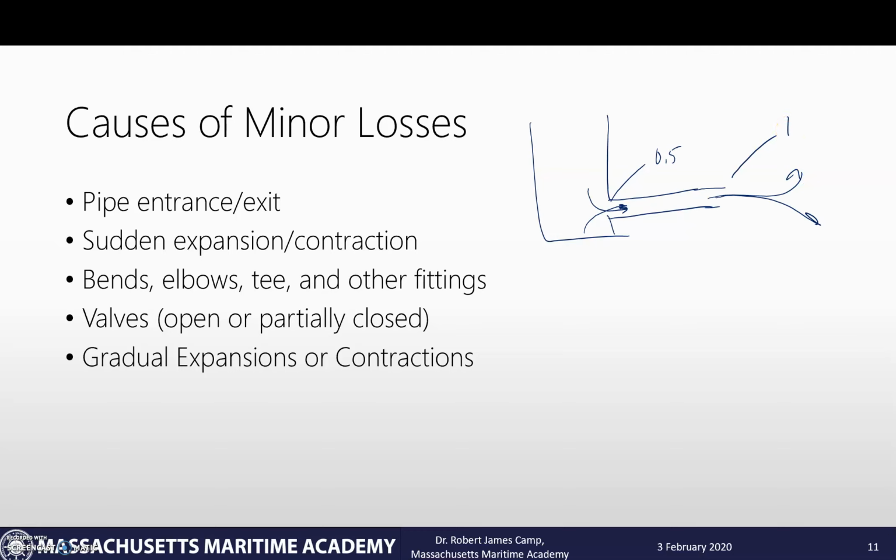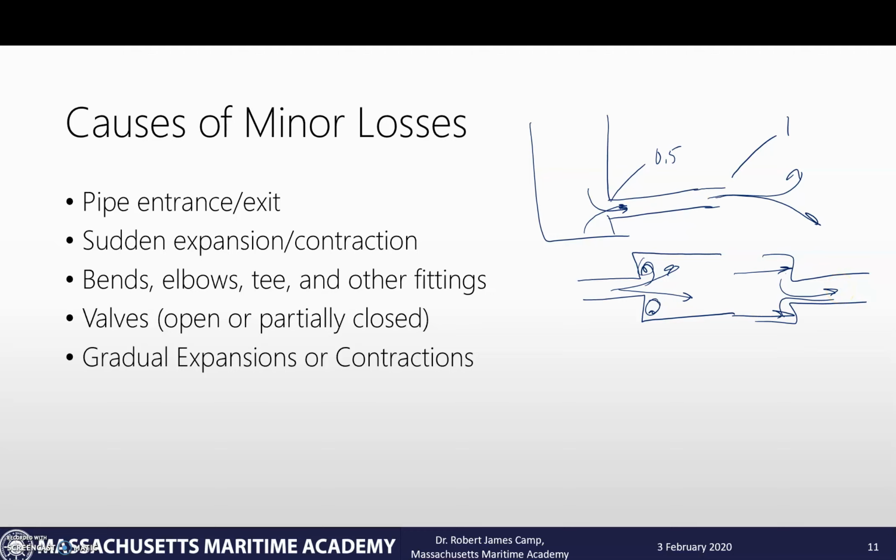Sudden expansion and contraction. If we have a pipe that immediately goes from like 1 inch and steps up to 3 inch, well, we have mucking around with the kinetic energy because we have this region here where it's going to pull the fluid back. And if we have a contraction, we get the same thing because we've got fluid hitting up here. It's got to mosey its way around there.